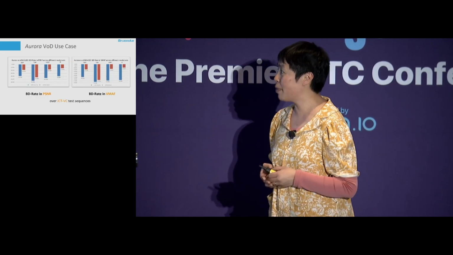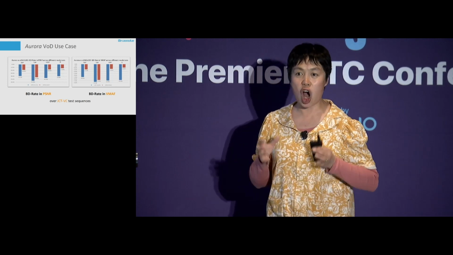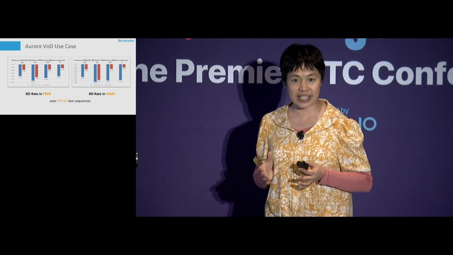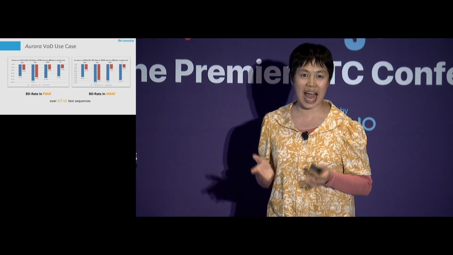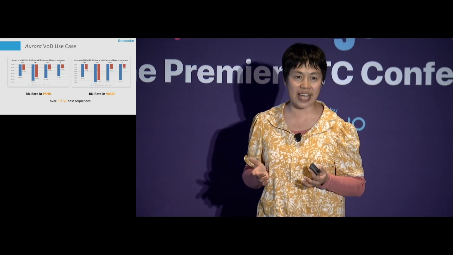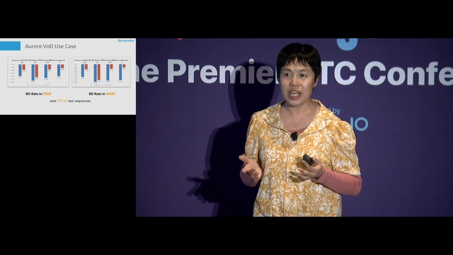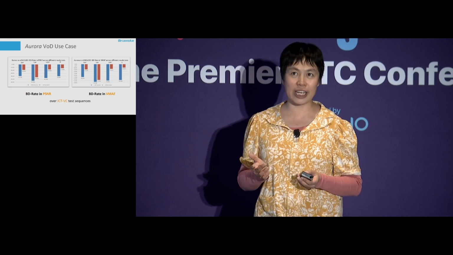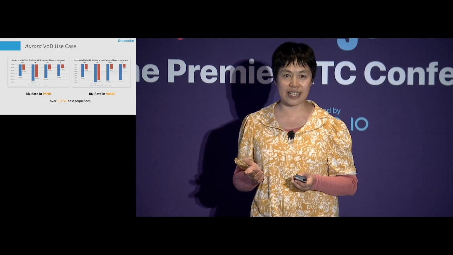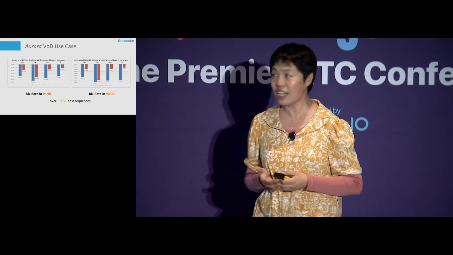This is the result that we collected over the JCT-VC test set. I think JCT-VC has been widely acknowledged as a good test set to collect data against. I believe for the HEVC standardization process, the JCT-VC test set has been widely used.